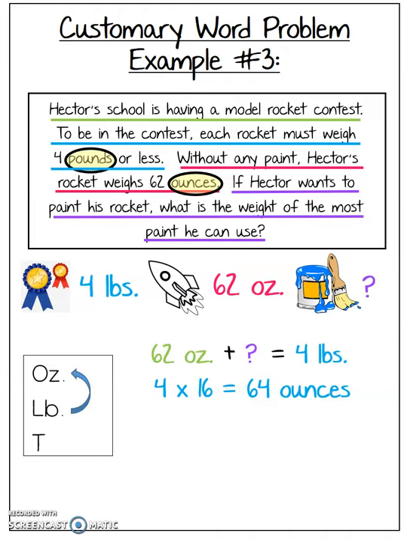Now I can rewrite my equation that 62 ounces plus a mystery amount of paint can equal at most 64 ounces, which means that the amount of paint Hector can use can be no more than 2 ounces, because in order to fill in that mystery number, 62 plus 2 would give me 64.